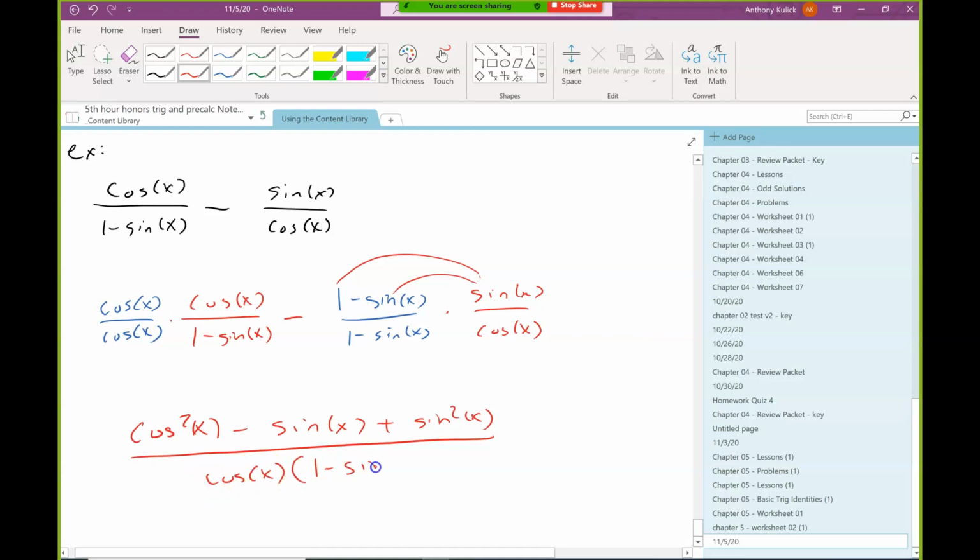Is everybody okay with why this turned into a plus sign? Well, it's because I had really minus sine x times 1 minus sine x is really what that was, right?